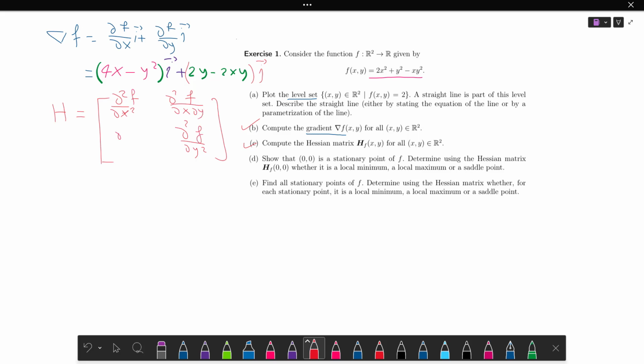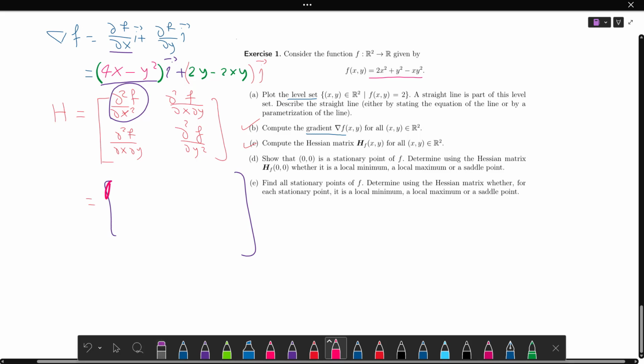We have done most of it because you already differentiated, right? Now you need the second derivative, Alan, with respect to x. This is the derivative with respect to x, so differentiate again with respect to x. What do you have? Excellent. So we have 4.